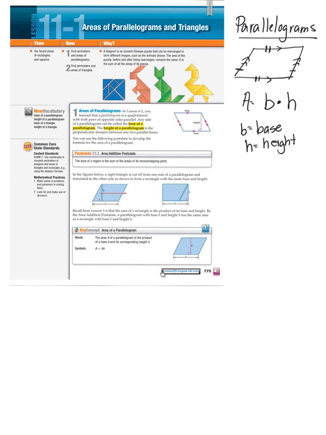So in the case of the drawing that I drew for you, if this is my base, then the height is going to be the perpendicular distance from the opposite side to the line that contains the base. So that's going to be my height: the perpendicular distance from the opposite side to the line containing the base.